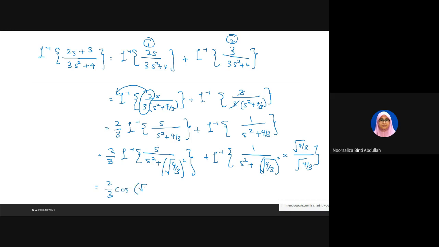Cos square root 4/3 t plus 1 over square root 4/3 sine square root 4/3 t. Ada soalan tak? Tak ada. Tak ada, senang kan?